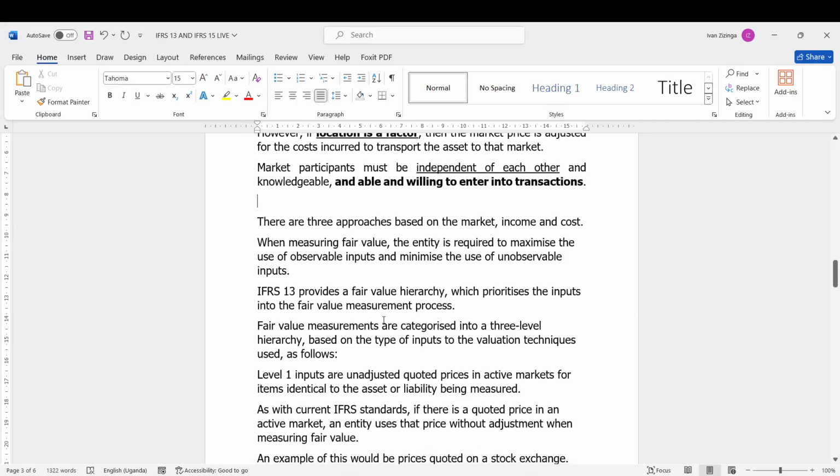That is, we have a price attached to the asset, and that asset is actively transacted within that market. That becomes the level 1 input, where we know the asset's price, and it is actively traded in that market.